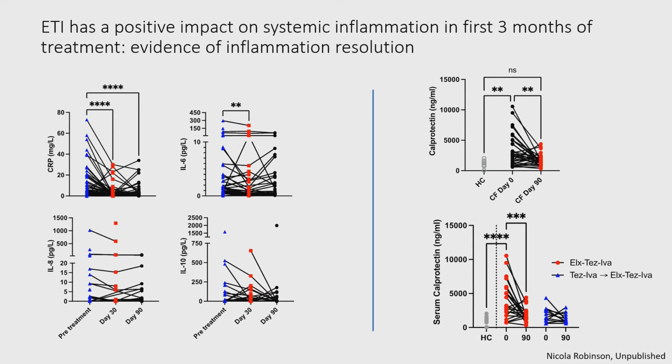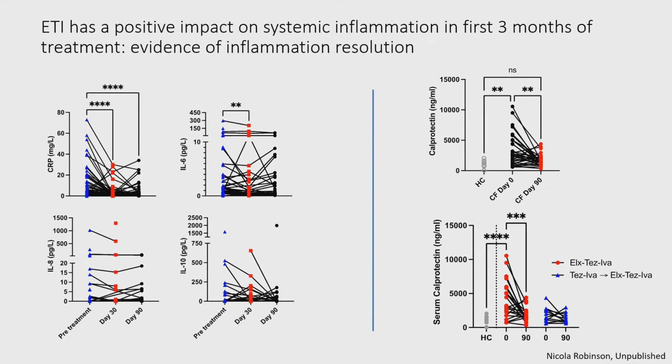We then, of course, looked at calprotectin, and what we found here was quite interesting. We saw a decrease in calprotectin in patients taking ETI, but if we divided these patients into those that were completely modulator naive, so patients who had never been on a previous modulator, they started off with a much higher level of calprotectin, as you might expect, and this decreased to a greater extent.